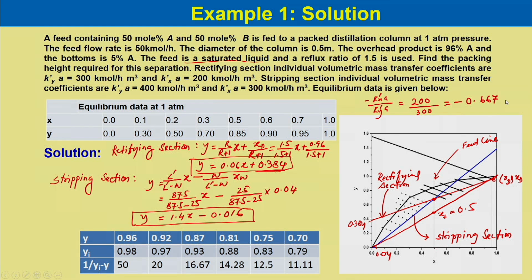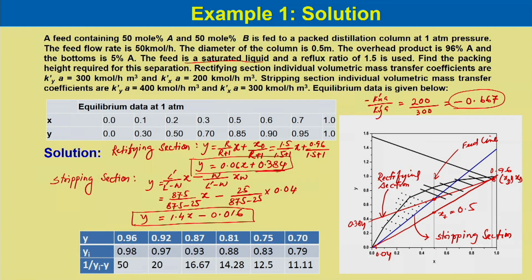So, this is the slope of the tie line and with this we can draw several tie lines in the rectifying section starting from the point 0.96 over here.